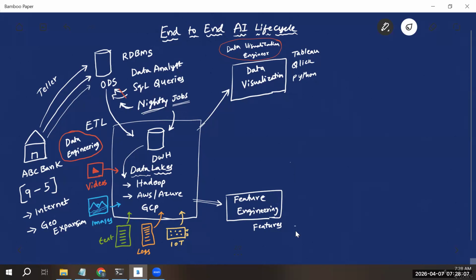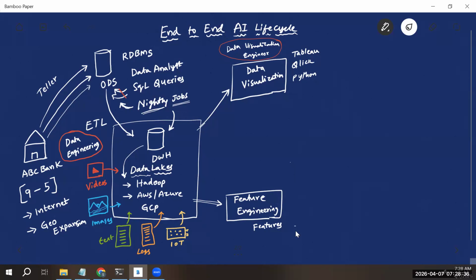Now, what are features? Features are abstractions of your actual data. Imagine you are in a bank and every day you are spending money with your credit card. In the morning you do some transactions, in the afternoon some more, and in the evening some more. If I want to run any AI models, you don't need individual transactions.